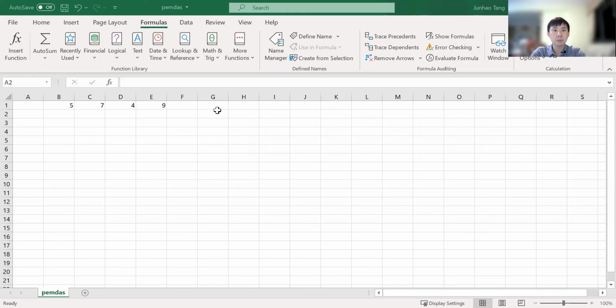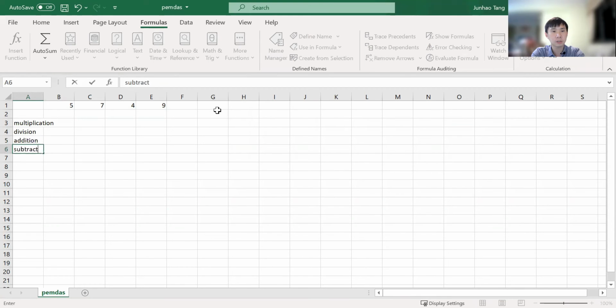Today I'm going to teach you about order of operations. As you know, there are many operations that you can do in Excel: multiplication, division, addition and subtraction.